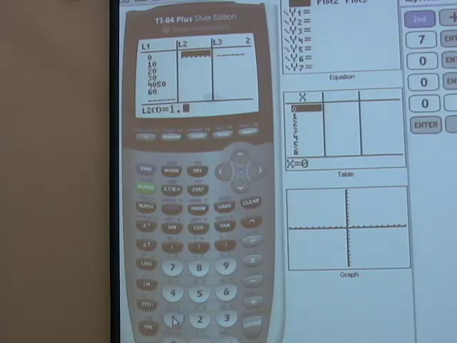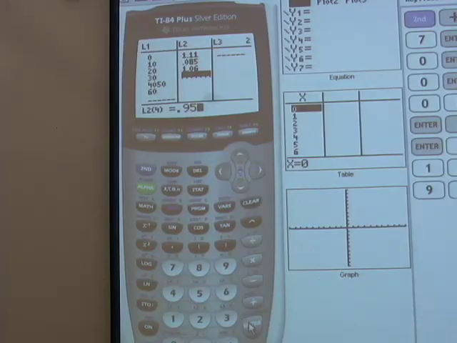1.11, enter. 0.85, enter. 1.06, enter. 0.95, enter. 0.98, enter.